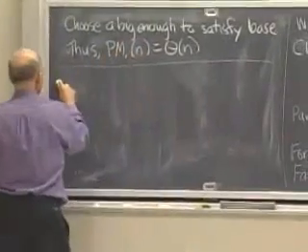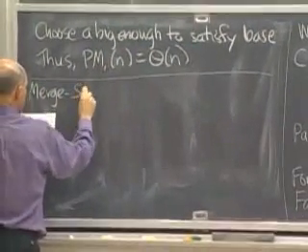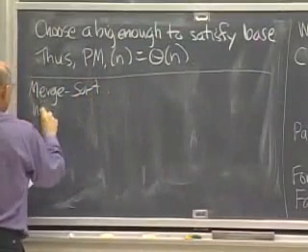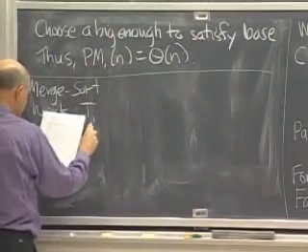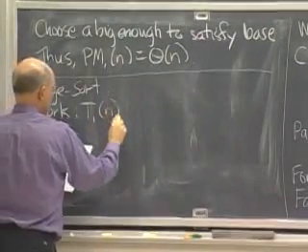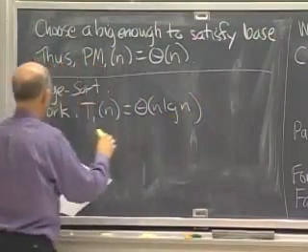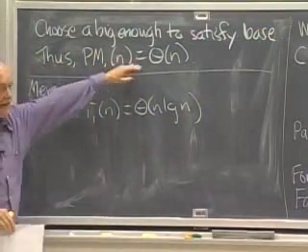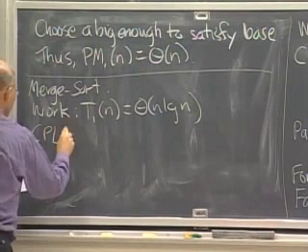So let's do the analysis of merge sort using this. The work, we know already, is T1 of n is theta of n log n, because our work that we just analyzed was order n, same as for the serial algorithm.